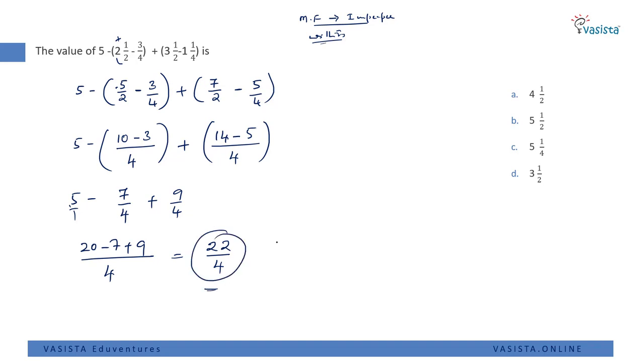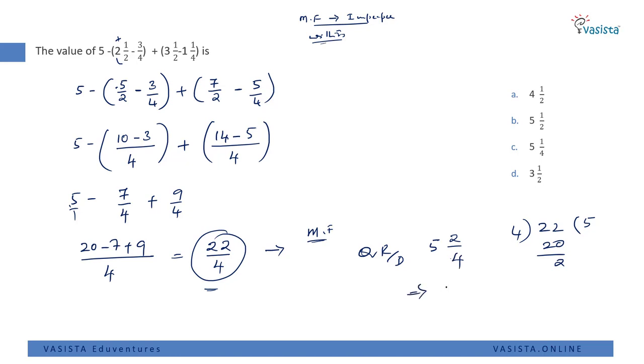Now we need to convert this to a mixed fraction. You know how to convert: it is going to be Q R by D. So 22 divided by 4, 4 5s are 20, remainder 2. The quotient is 5, the remainder is 2 and the divisor is 4.